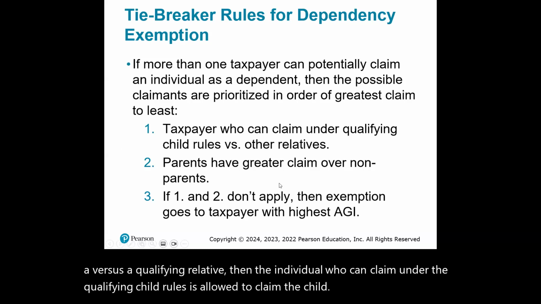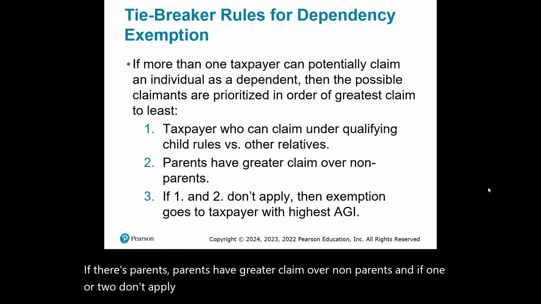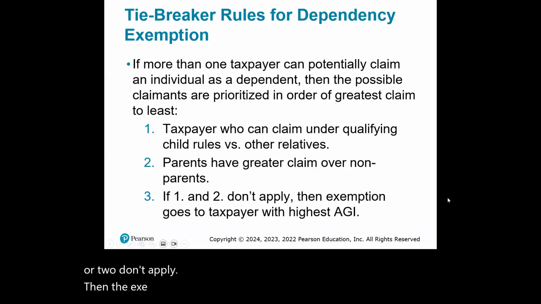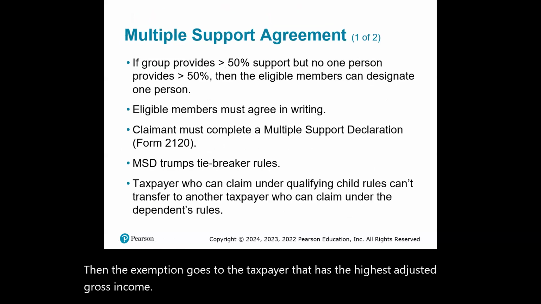If there are parents, parents have greater claim over non-parents. And if one or two don't apply, then the exemption goes to the taxpayer that has the highest adjusted gross income.